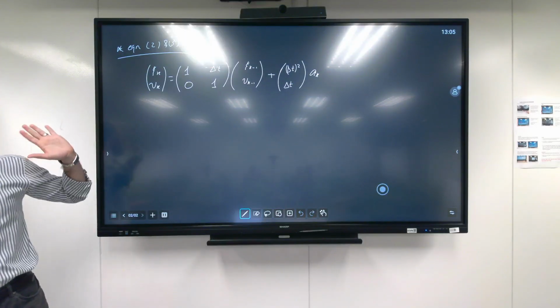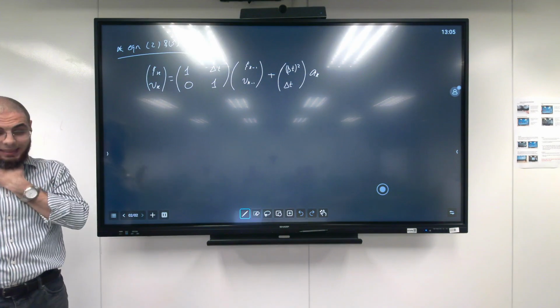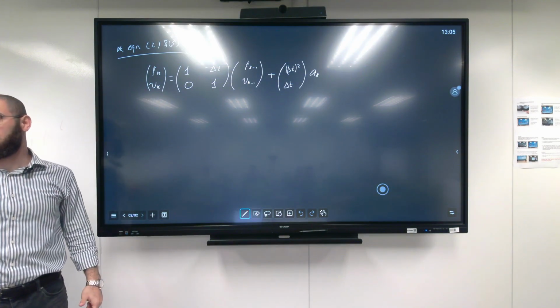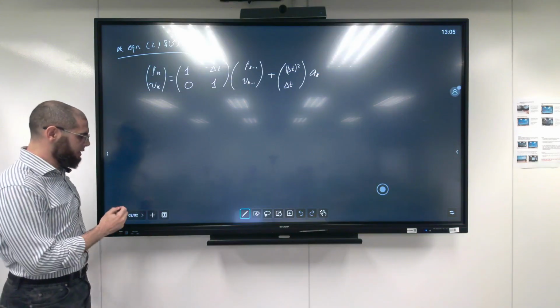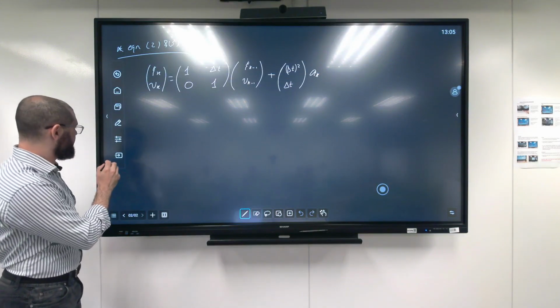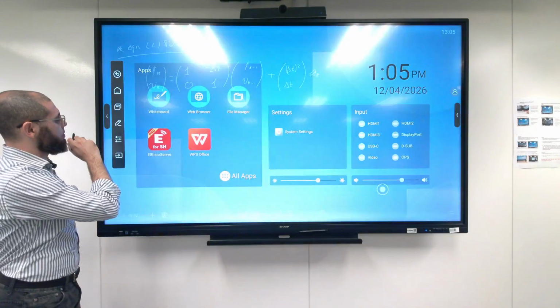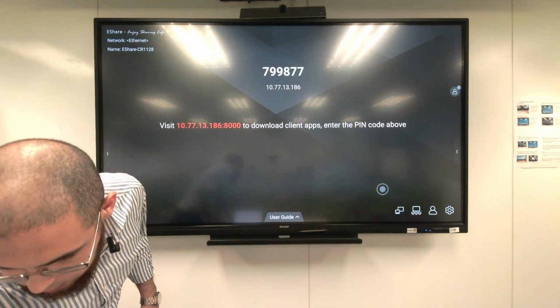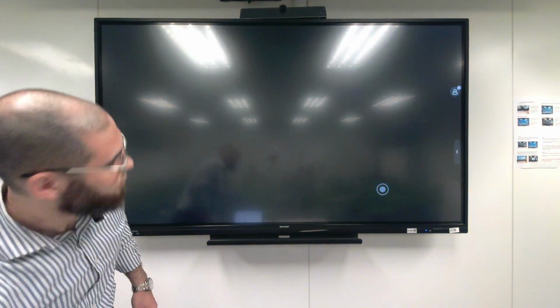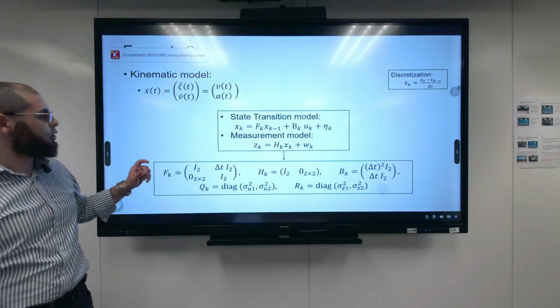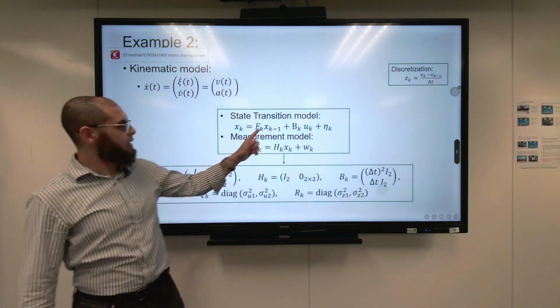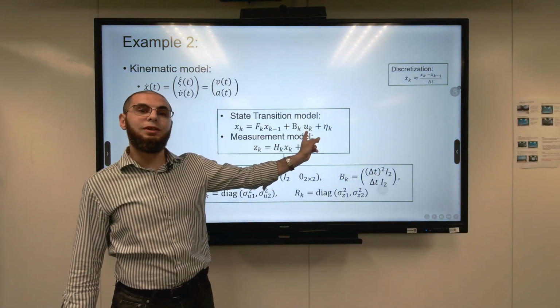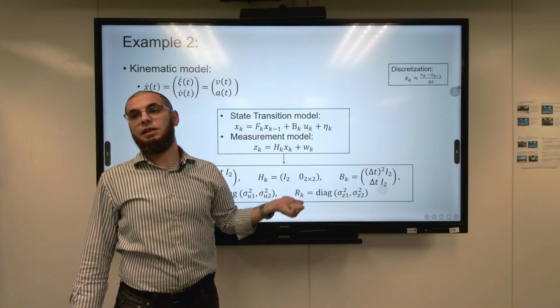But this is still not the state transition model. It is the state transition model, but not the one that we're going to be using. Because if you go back to the slide, you'll see that what we actually need here is the u that you use for the sensor measurement.